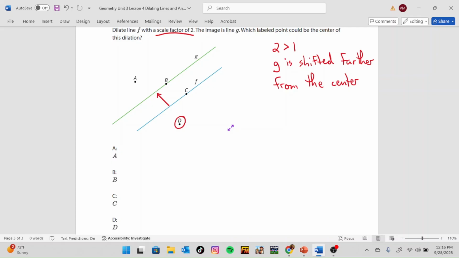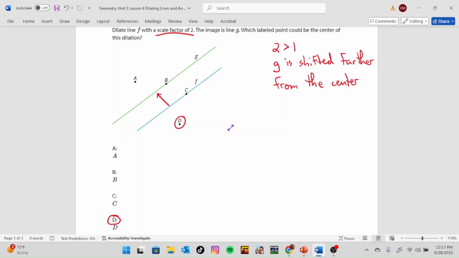If anything, it would just get longer but stay in the same place because every point would be moving out from C. D is the only one where if this was the center, every point on F is now pushed out to where it is on G. So D is the correct choice.